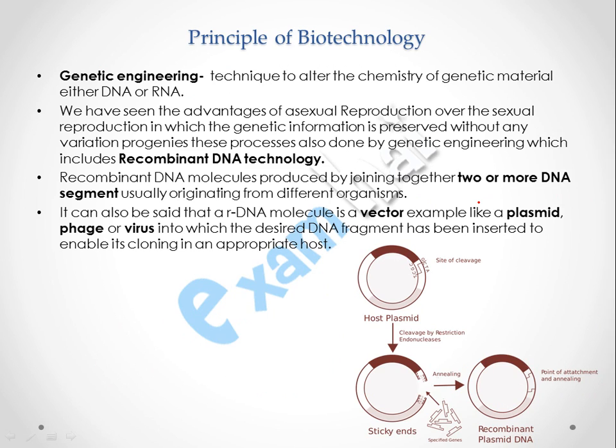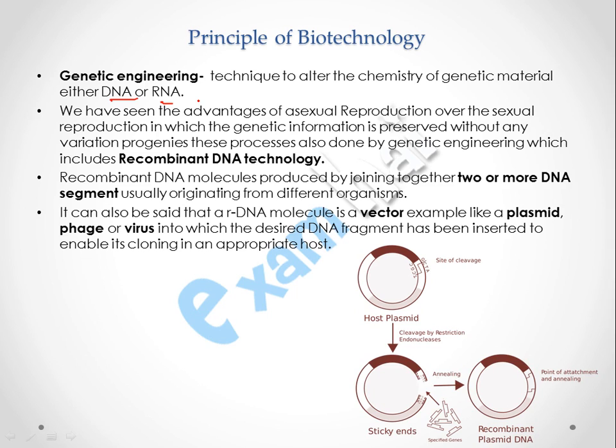Now we are going to discuss the principle of biotechnology. Okay, so genetic engineering is a technique to alter the chemistry of genetic material, either DNA or RNA. As I have told you earlier, any living organism has its DNA and RNA.